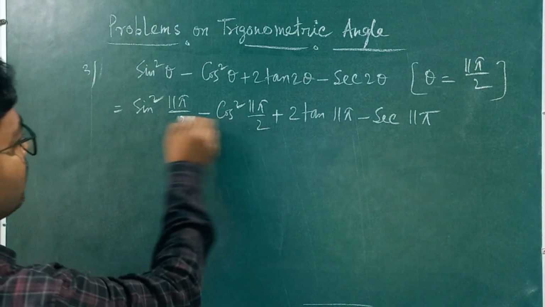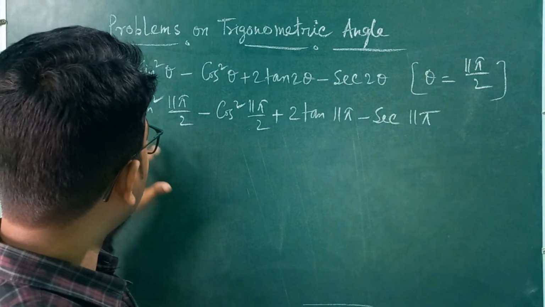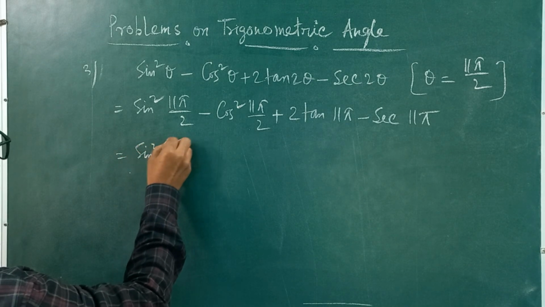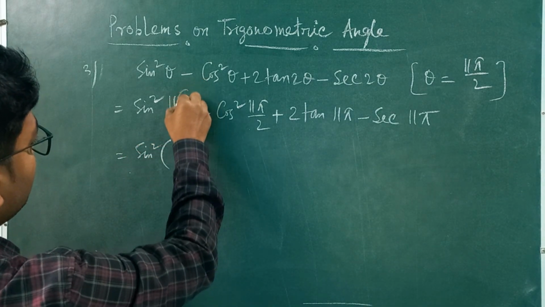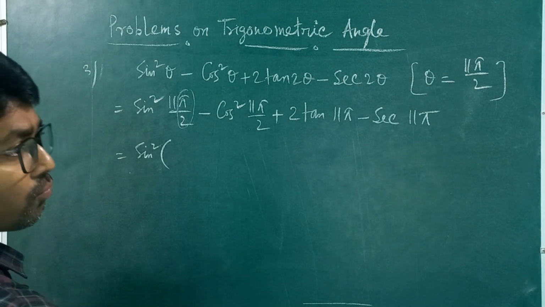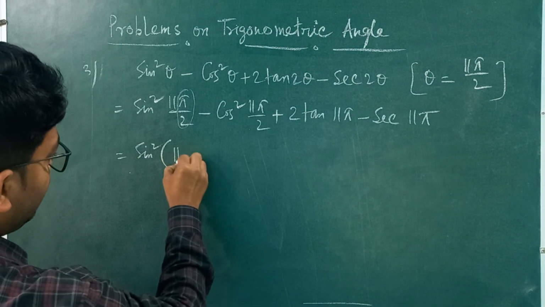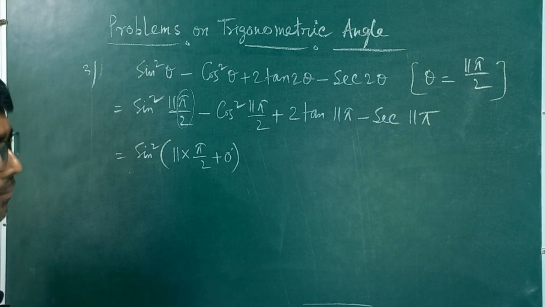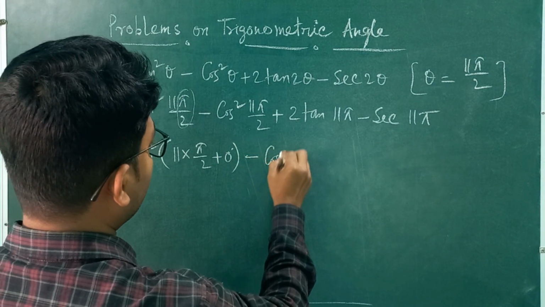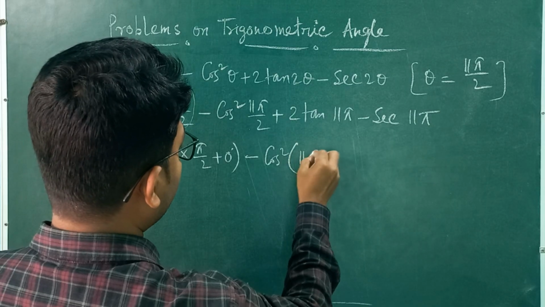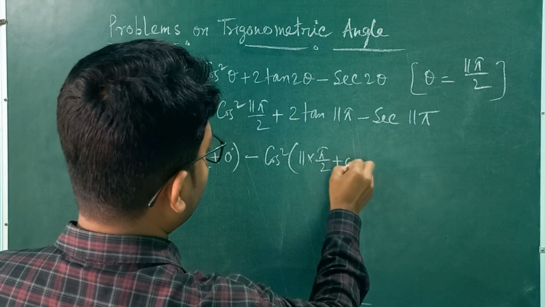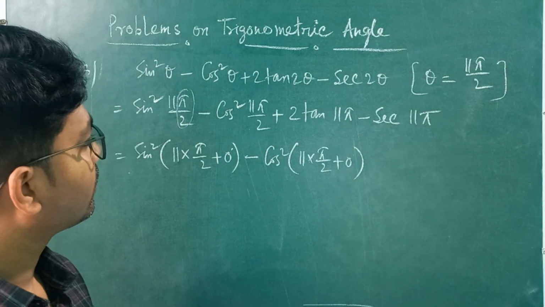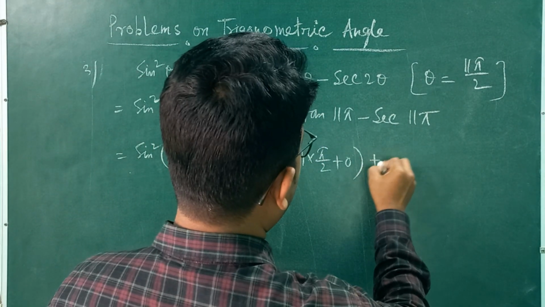The first two terms are squares, so we don't have to check the sign, just break them. In this form you see pi by 2 means 90, so you write 11 into pi by 2 plus or minus 0 anything. Here also cos square 11 into pi by 2 plus or minus 0. The first two terms in this way.